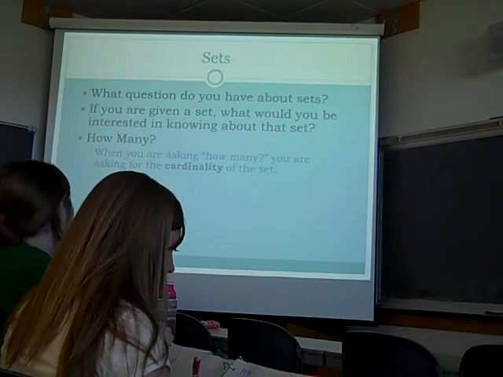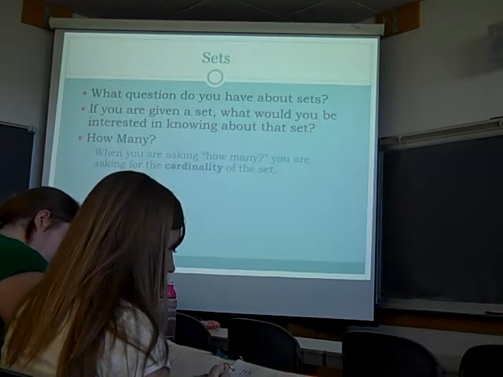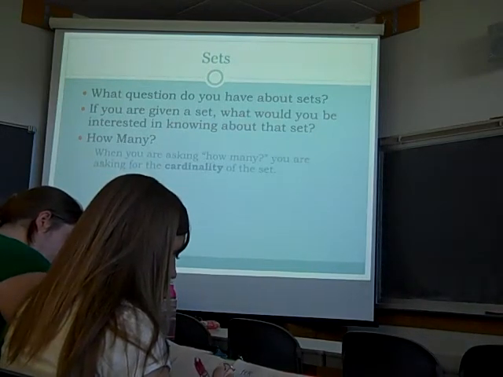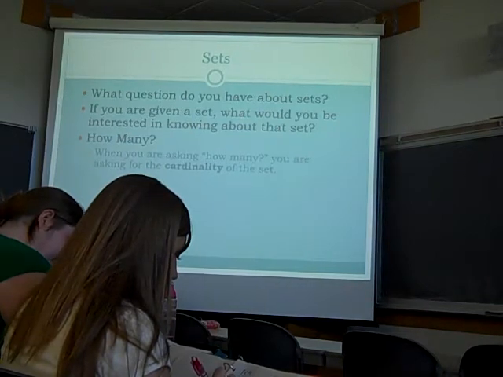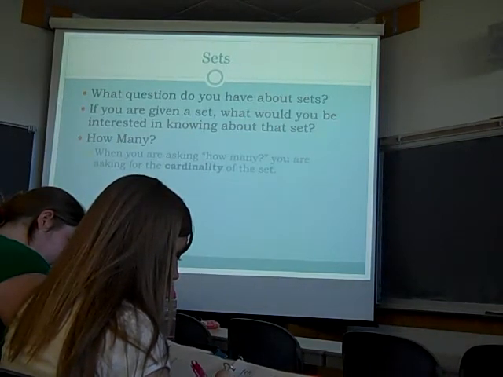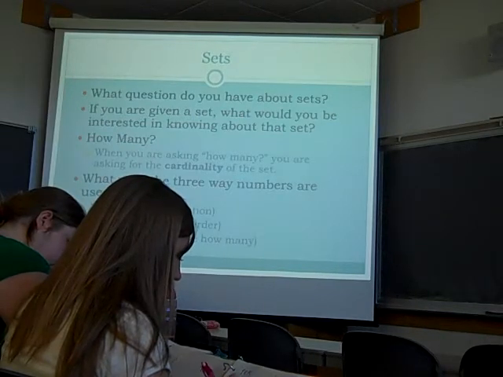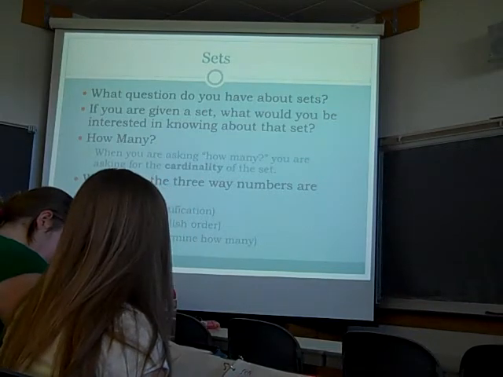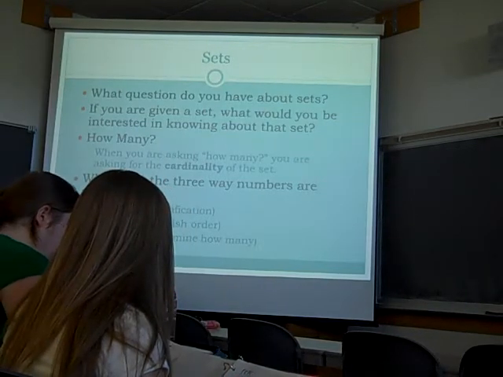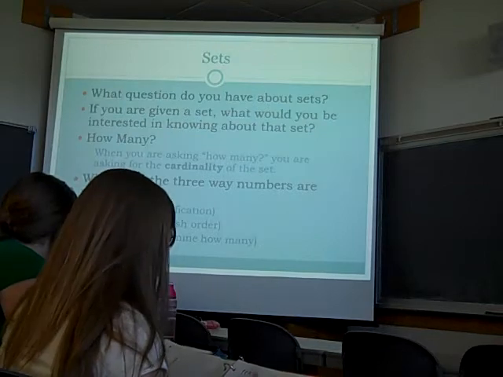When you ask how many, you're asking for the cardinality of the set. Cardinality means, well, do you remember those numbers that we talked about? 3 ways that numbers are used: nominal to identify, ordinal to give us the order, and cardinal to determine how many. Do you remember that when we talked about those?